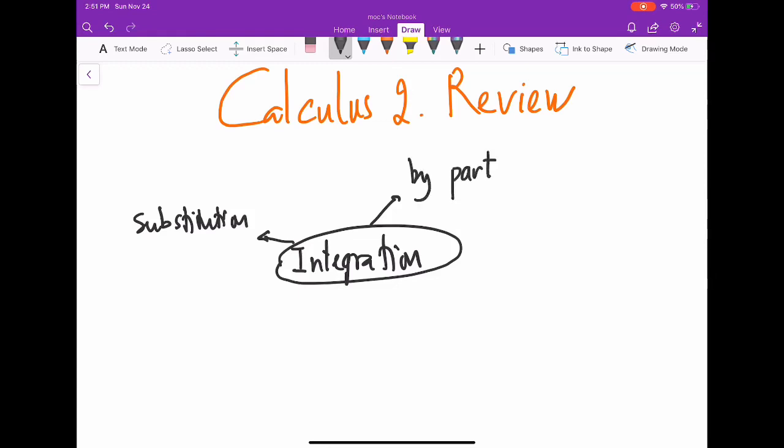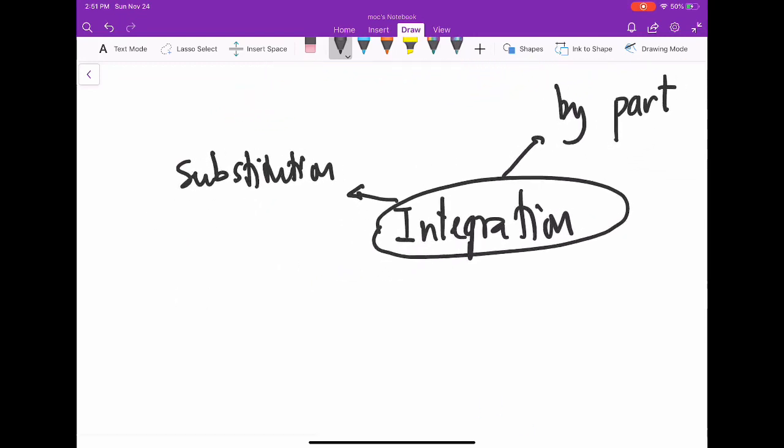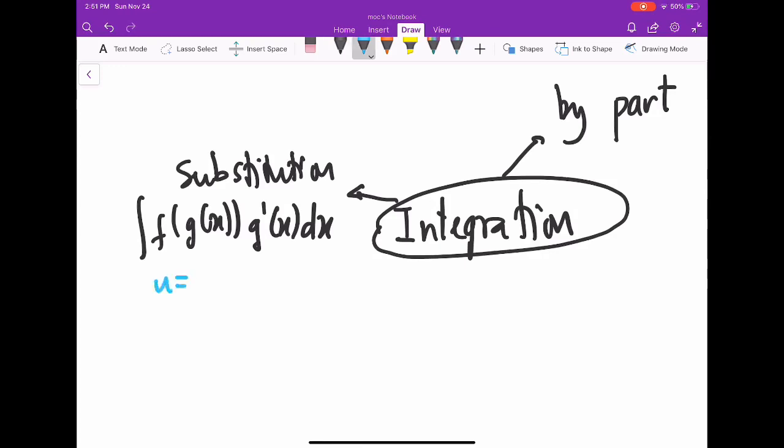Okay, so what is substitution? Let's say this: when you see a composite function, f of g of x, in an integral, and then maybe something like g prime dx, basically you need to do substitution u equal to g of x. So that is substitution.